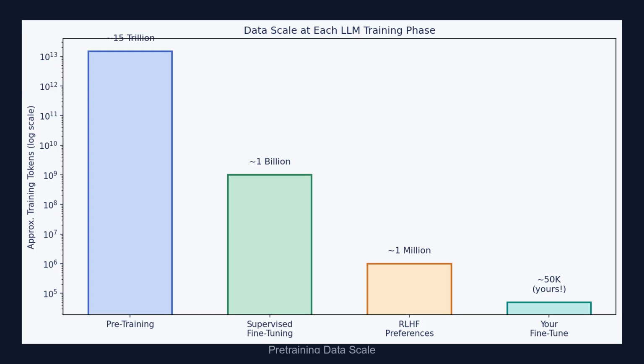RLHF preference data came in at roughly 1 million tokens, and your fine-tune approximately 50,000 tokens. That last bar is the one that matters for you. It means that with a well-curated dataset of a few thousand examples, you can meaningfully change how a model behaves, because you're building on 15 trillion tokens of foundation that someone else already paid for.